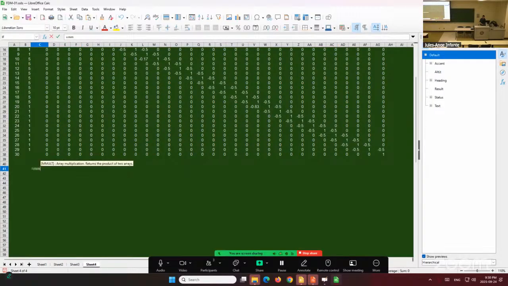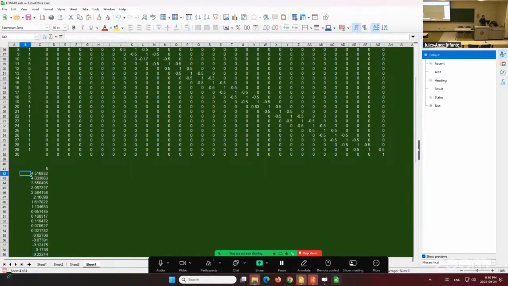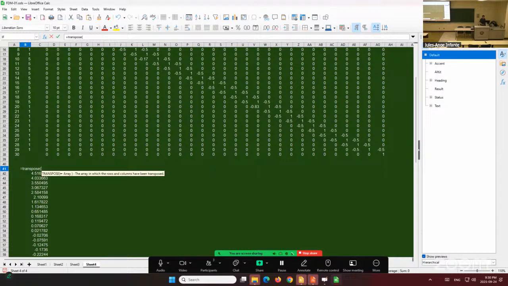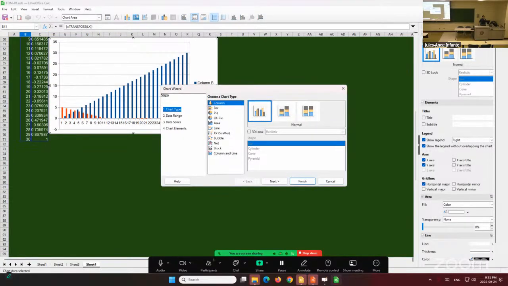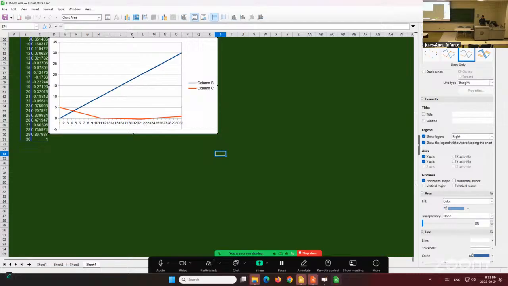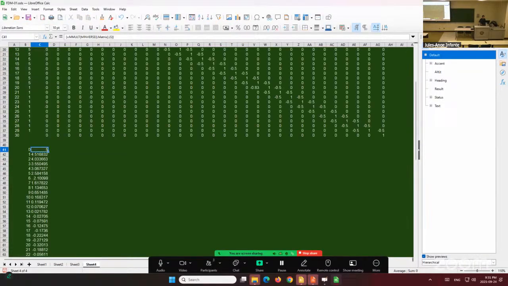So if I do mult and inverse, long matrix, long S, and here I have long X. Oh, sorry, transpose long X. No, I want one series. It chose the wrong digit type.